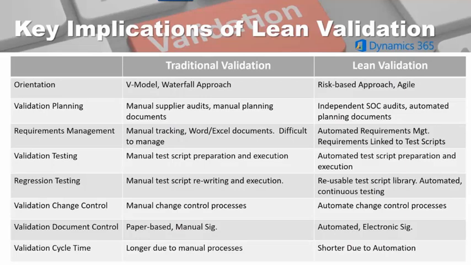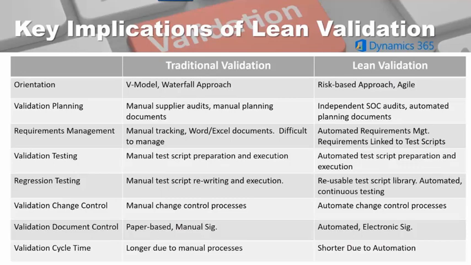And then document control used to be all paper-based with manual signatures. Now it's automated with electronic signatures. The validation cycle time in the old traditional model was longer due to manual processes, and now it's shorter due to automation. So you can see how lean validation really actually accentuates the validation process.